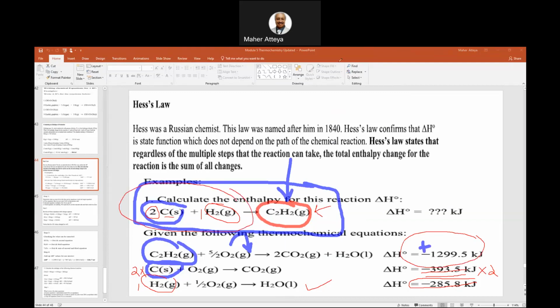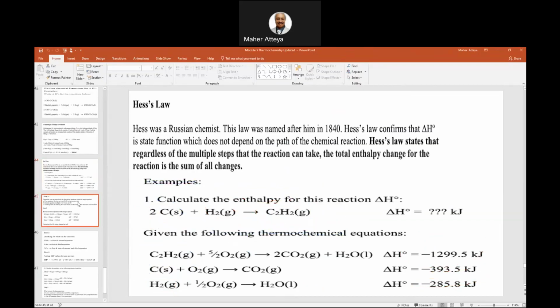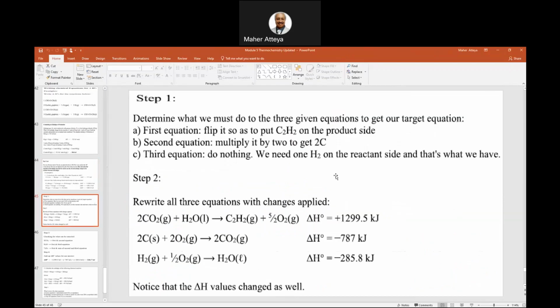So let's look at this one here. We have flipped the first one and changed the sign, and that's what we did here, guys. That's the positive here. And then we have to multiply this one by 2. That came here.